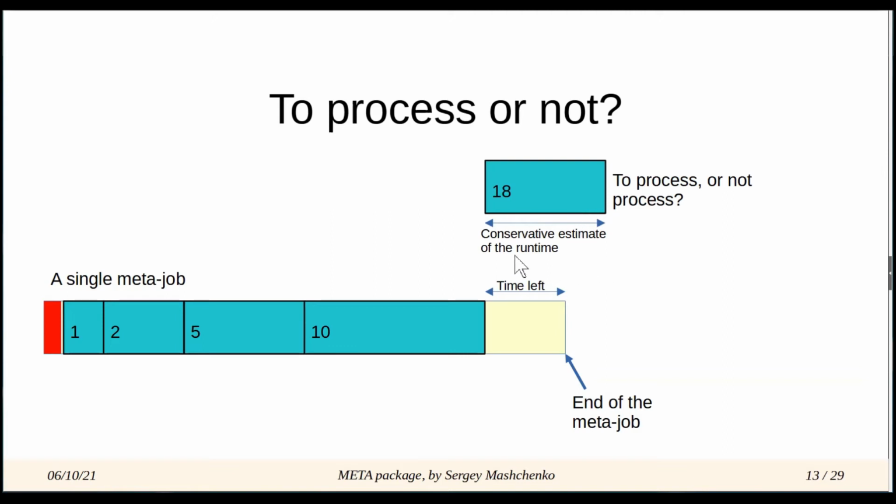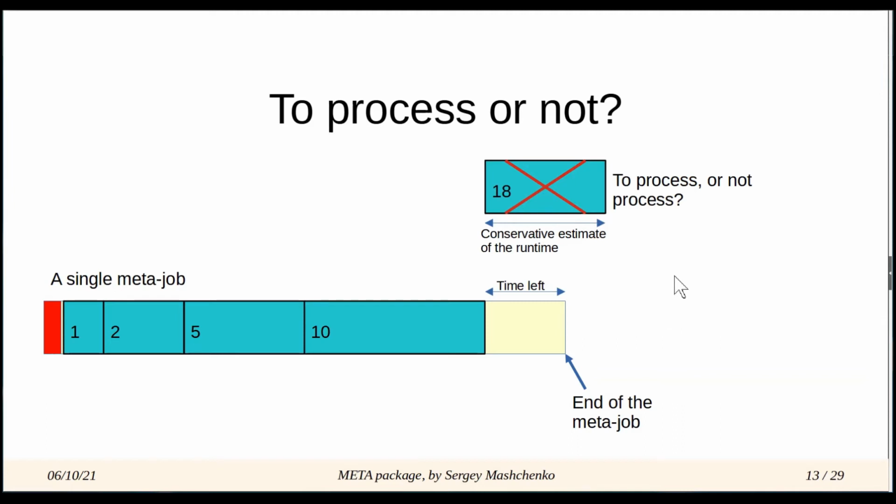So each meta job makes an up-to-date probabilistic analysis and figures out whether the conservative estimate of the runtime is longer or shorter than the time left. In this particular case, the estimate is longer, so it thinks it doesn't have time to compute this. So it dies earlier, and wastes 0 cycles. Once out of 8 estimates it will get it wrong, so some resources will be wasted, but the waste goes down by a factor of 8.